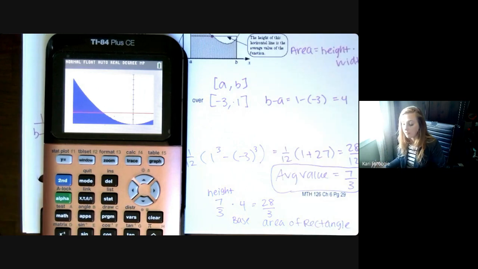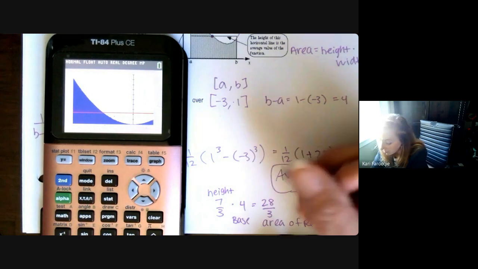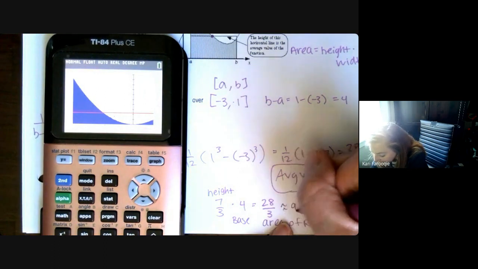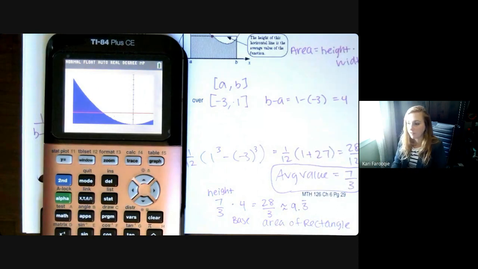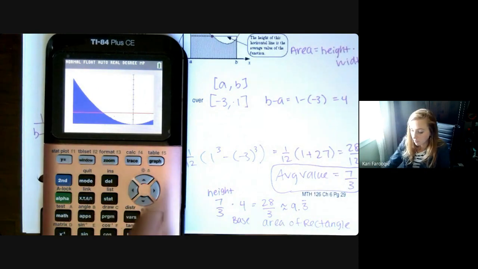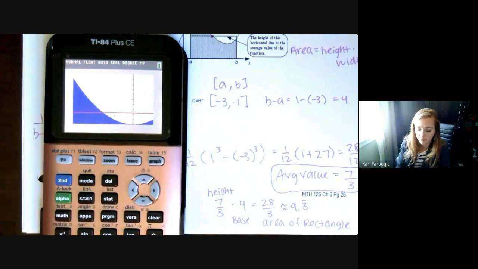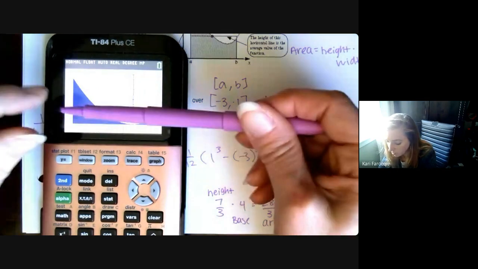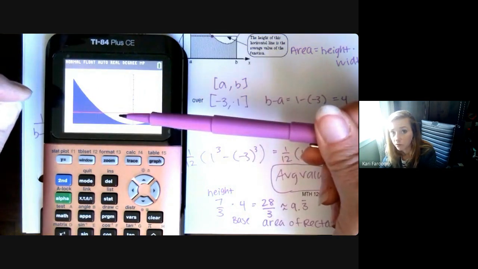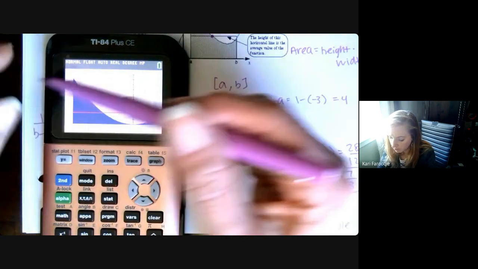Okay, so you'll find that the area of the rectangle in this case is 28/3, which is 9 1/3, which is the exact area that we found when we computed our area using Calculate 7. So the idea here is that this rectangle is getting cut off at 7/3, which is 2 1/3.